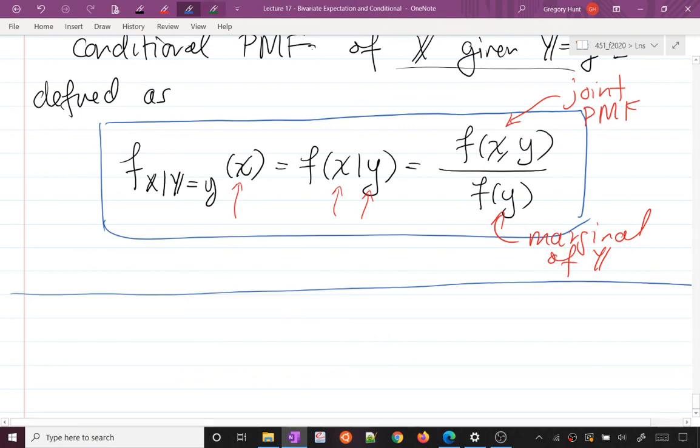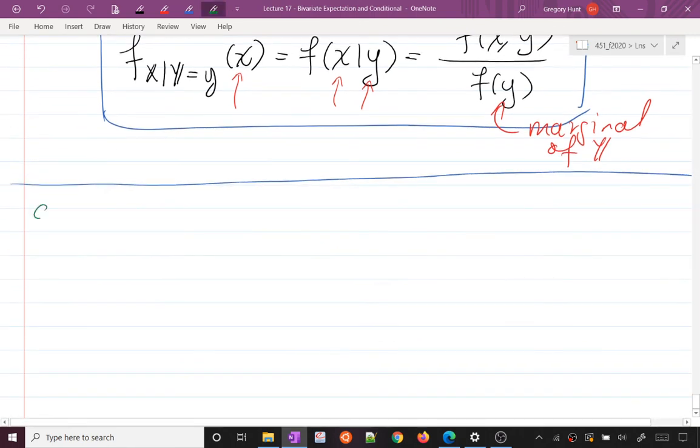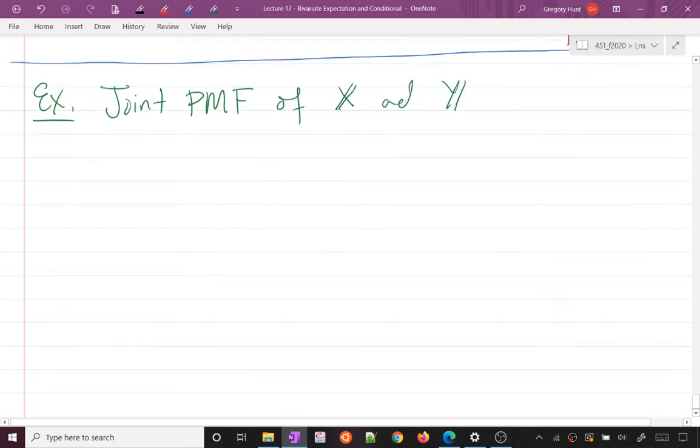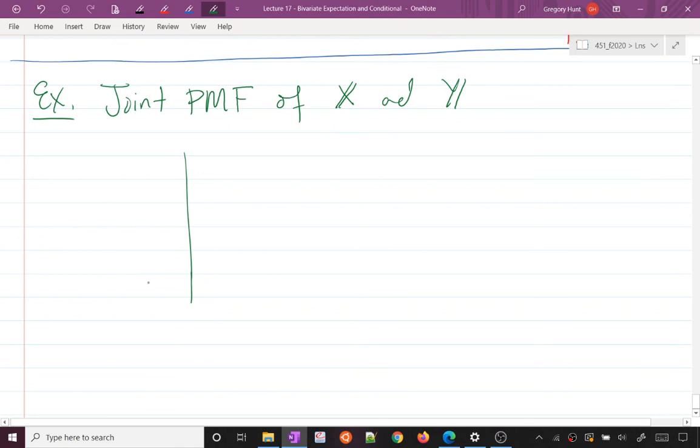Let's look at an example just to make things concrete. The example is that I'm going to have the joint Pmf of x and y according to this table. So here's my table.